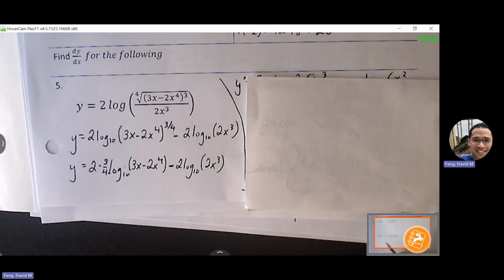And now we can do u prime over u, but for log base 10, there's a 1 over natural log of 10 that has to be in front. Coefficient times 1 over natural log of 10 times u prime over u. Coefficient of 2 stays, 1 over natural log of 10, and then u prime over u.